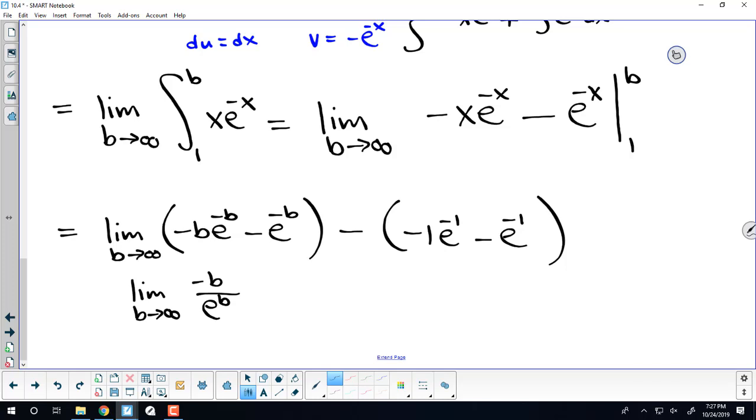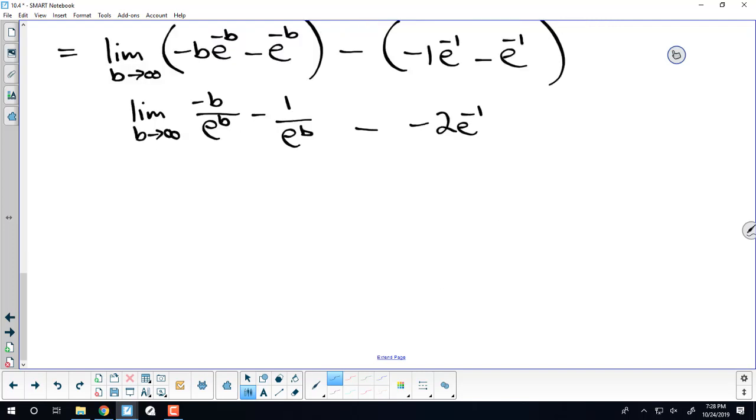So this thing, we'll just rewrite these two. What do we have? We have minus 2 of those. Minus a minus 2 of those, rather. So both of these here approach 0. We'll just write it below.